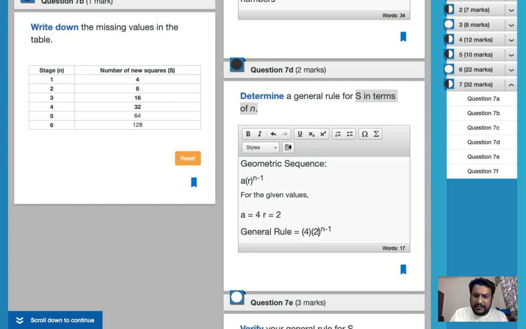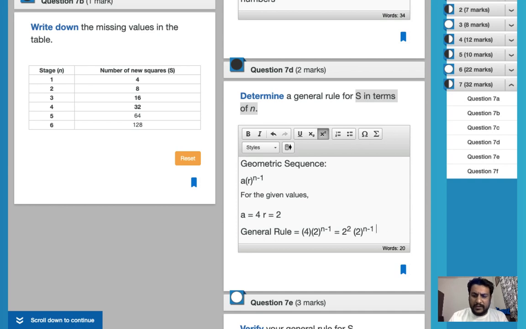Now this can be further simplified. 4 can be written as 2 square. So I'll write this as 2 square times, I'll just copy this if it is possible.